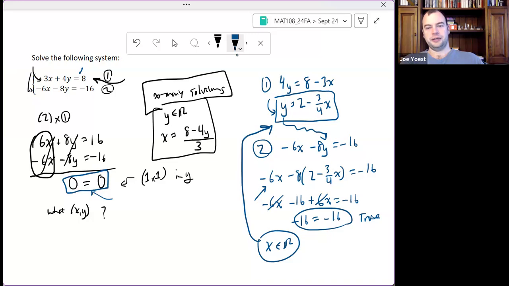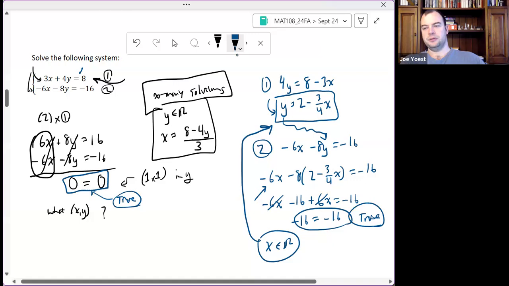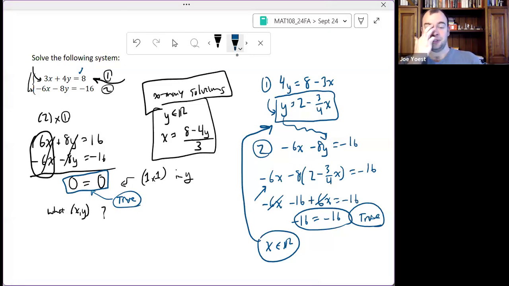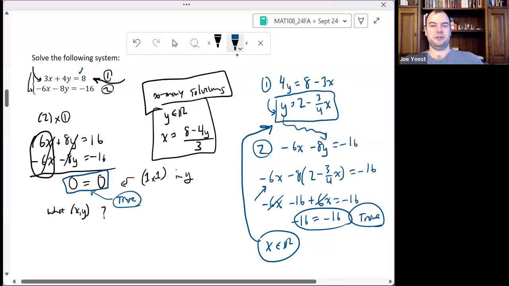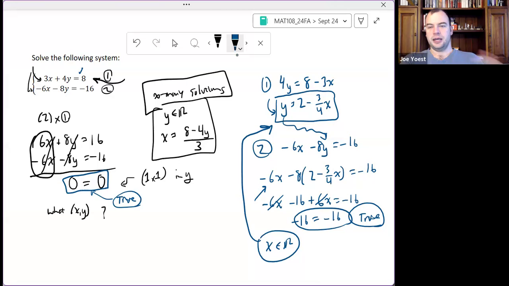So if I end up with a resulting 1 by 1 equation where all my variables drop out and the ending statement is true, then I have this situation of infinitely many solutions, where one of my variables I can think of as being free, it can be any real number, and the other variable will be constrained by the common constraint from these two equations.